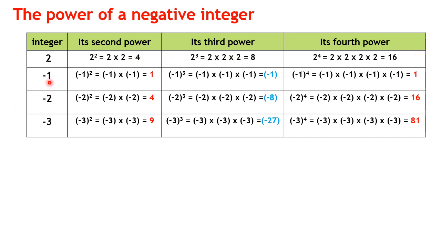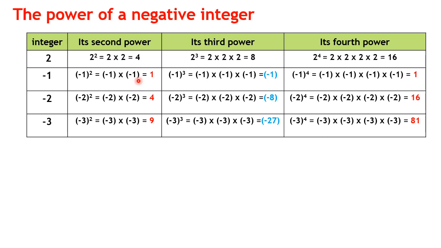But when you consider a negative integer, minus 1, the second power of minus 1 is positive, plus 1. The third power, (minus 1) cube, is minus 1, negative. One more, the fourth power of minus 1, even power, the answer is positive.